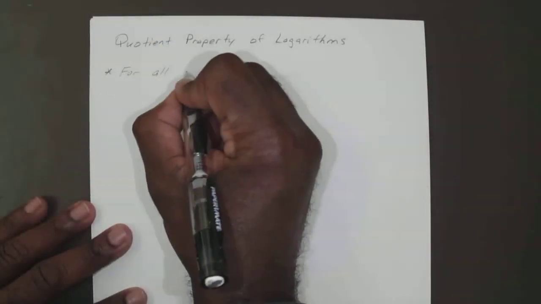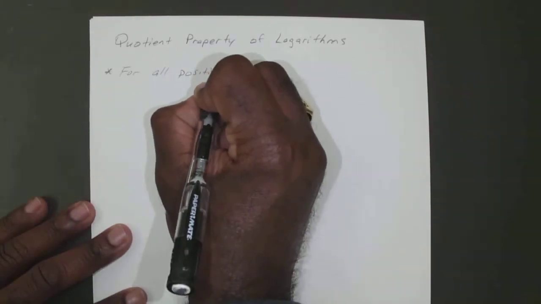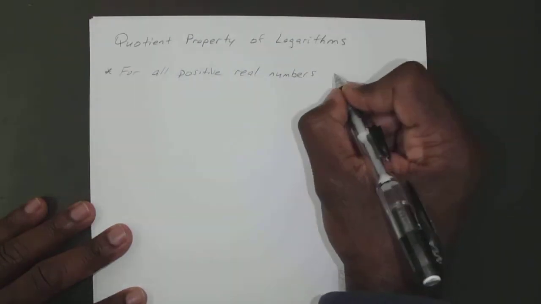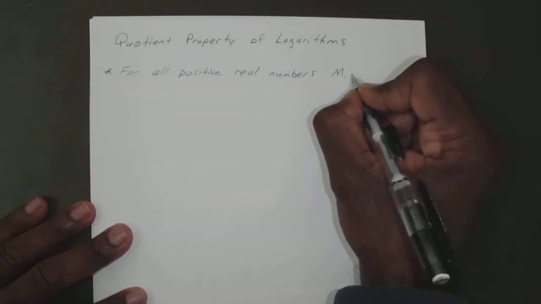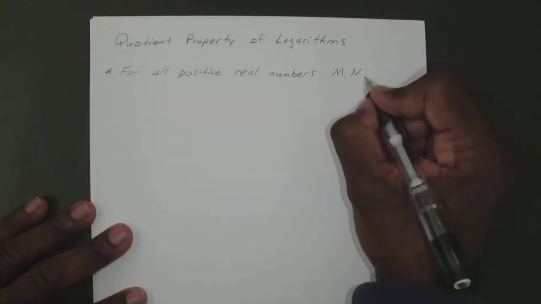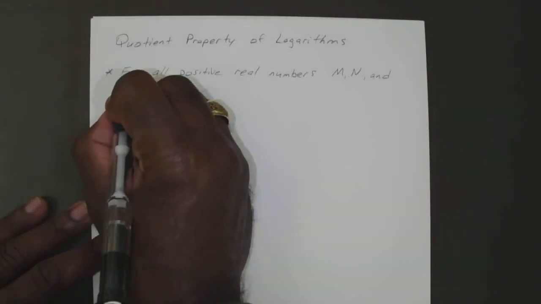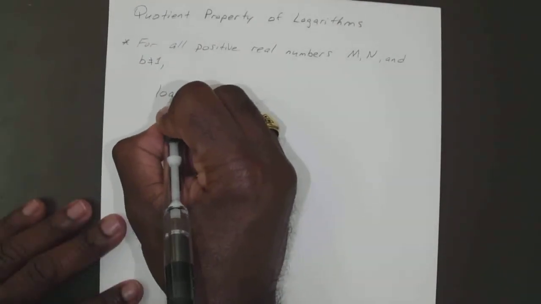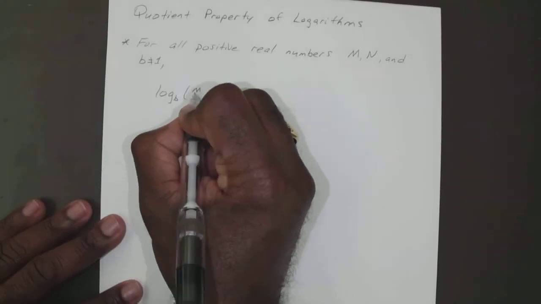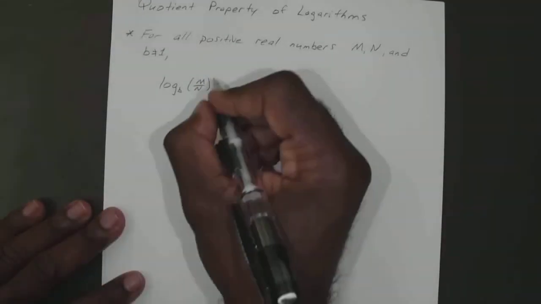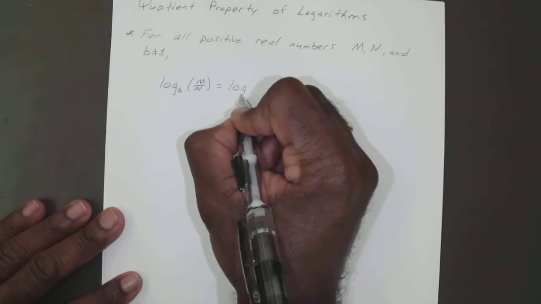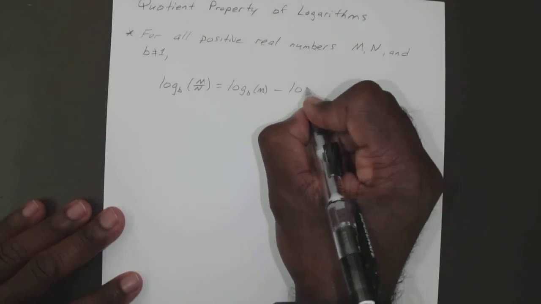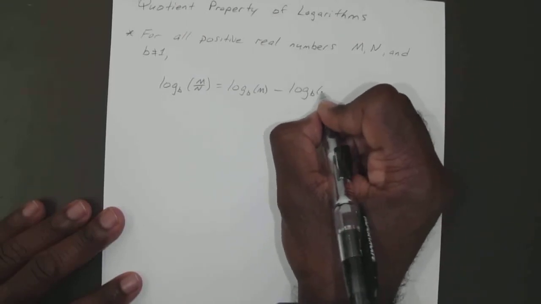So for all positive real numbers m and n, and our base does not equal 1, log base b of m divided by n is going to equal log base b of m minus log base b of n.